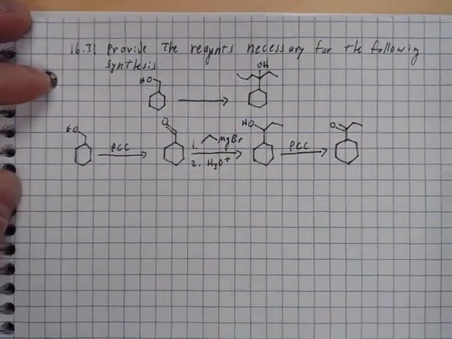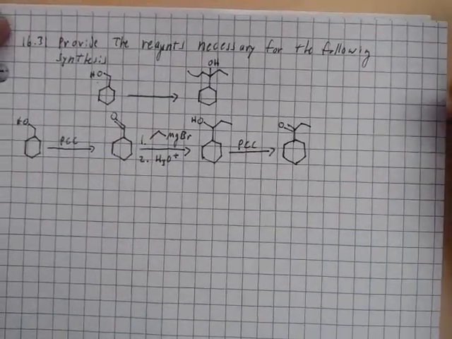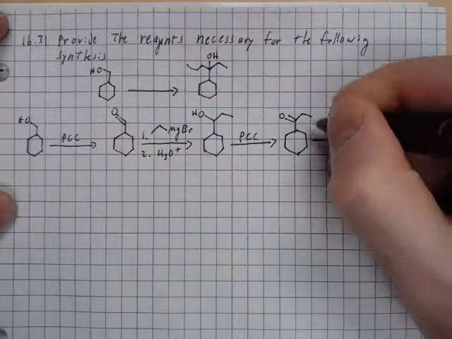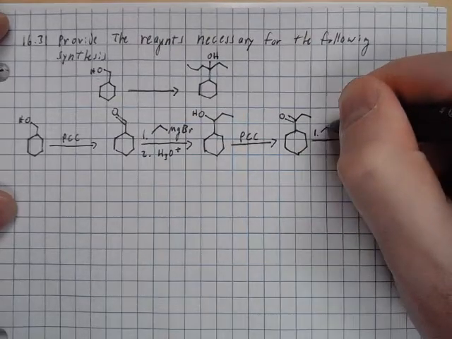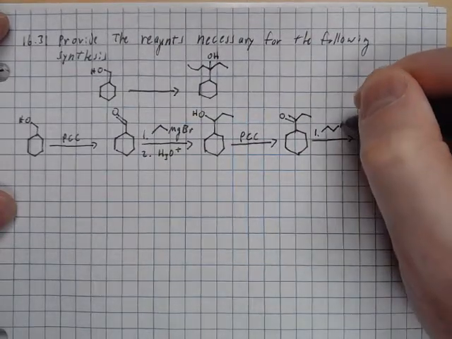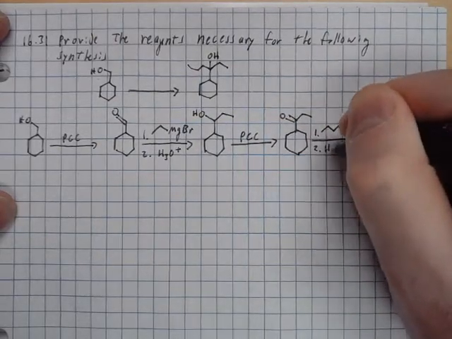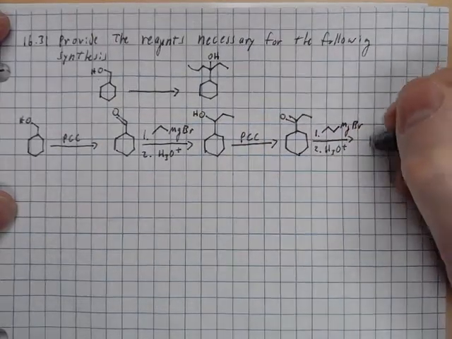And then we can add the propyl group using propyl magnesium bromide, followed by an aqueous acidic workup.